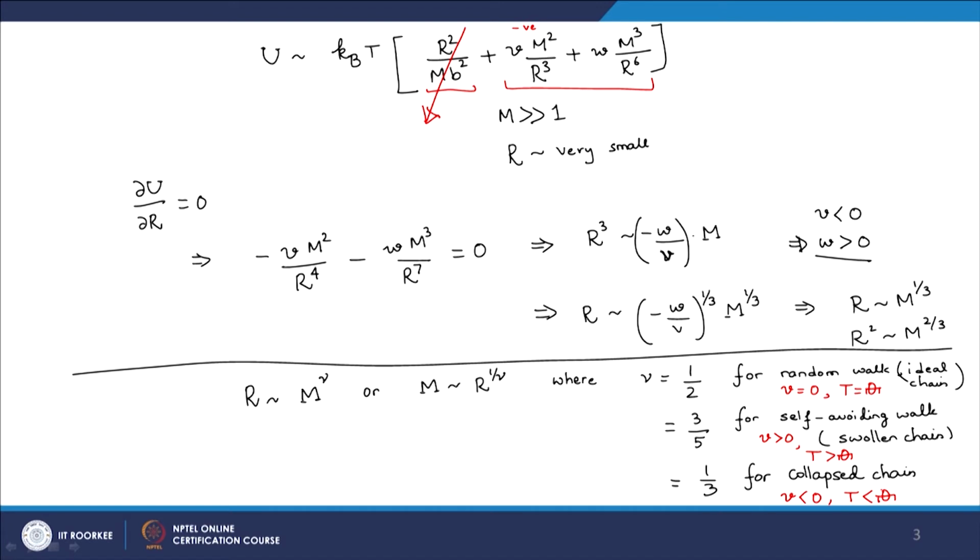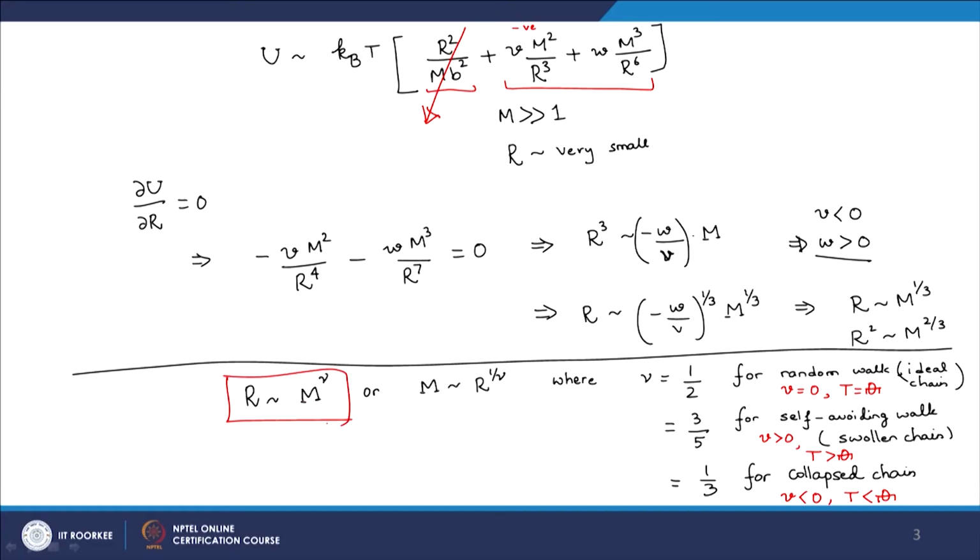Okay. So, now I want to take somewhat of a detour from here and talk about some other behavior of polymer chains, and we will come back to this particular scaling law that we have derived and see how exactly it tells something about the structure of the polymer chain. Okay. So, before we go into that, I want to take a small detour and talk about something that is known as self-similarity and something that is known as the fractal nature of polymer chain.